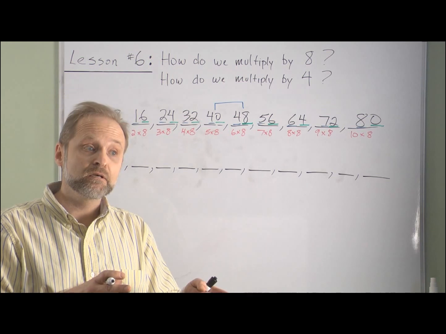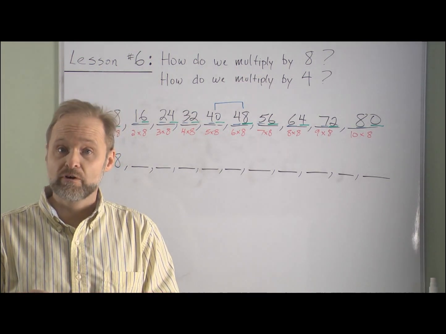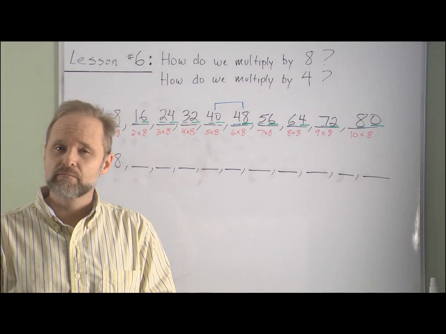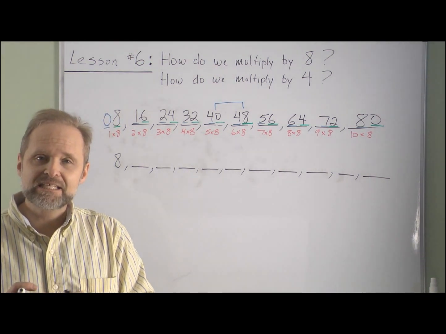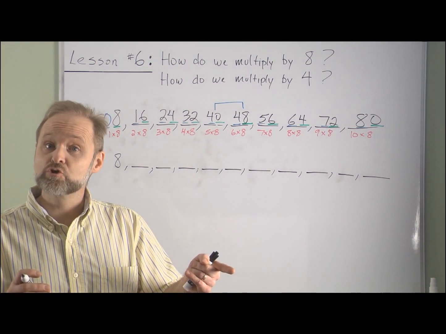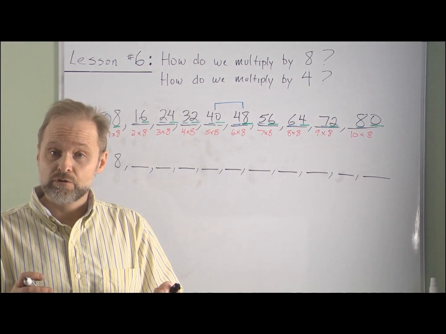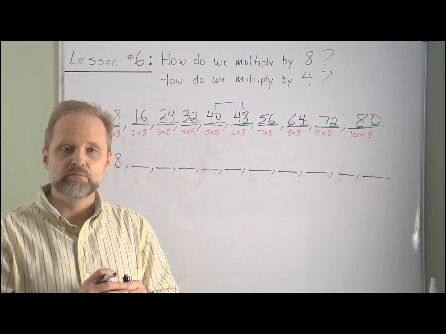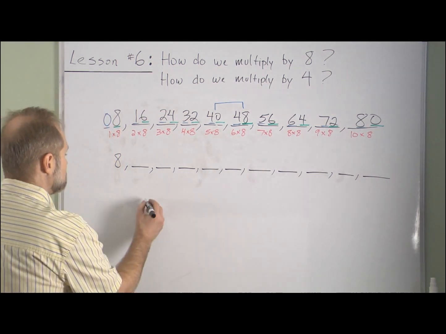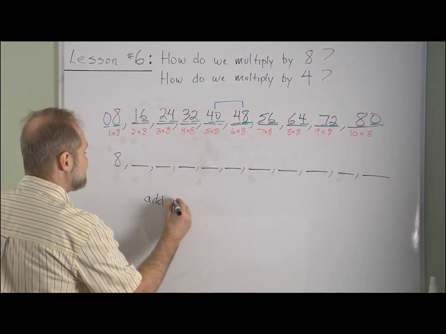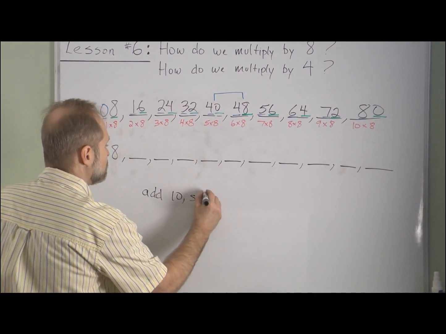Add 10 and then subtract 2 from there. Think about it. If you take any number and you add 10 to it, but then you take 2 away, that's the same as just adding 8 to it at the very beginning.